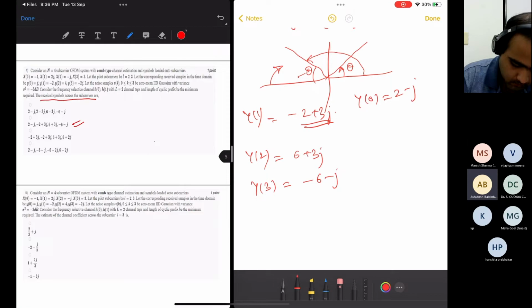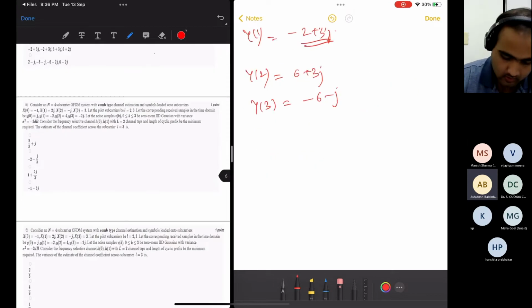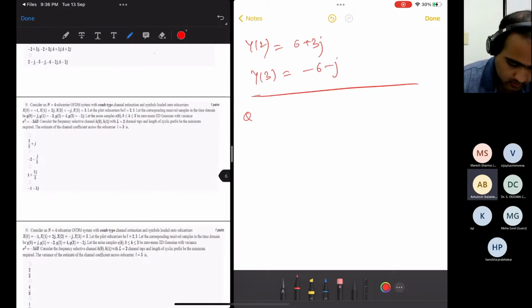Okay, let's move ahead. Question 5. So this is also following the previous two questions, and it has asked about the estimate of channel coefficient across L equal to 3.